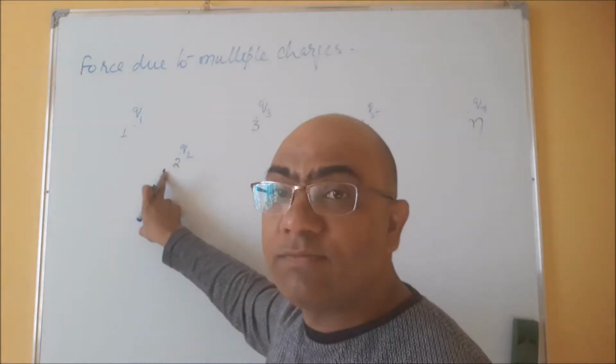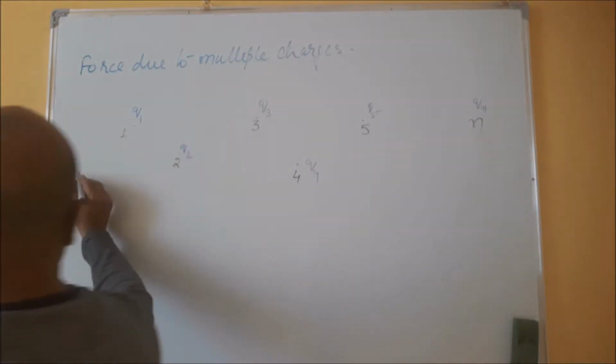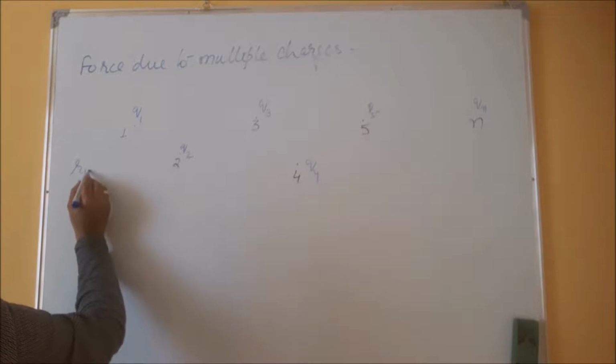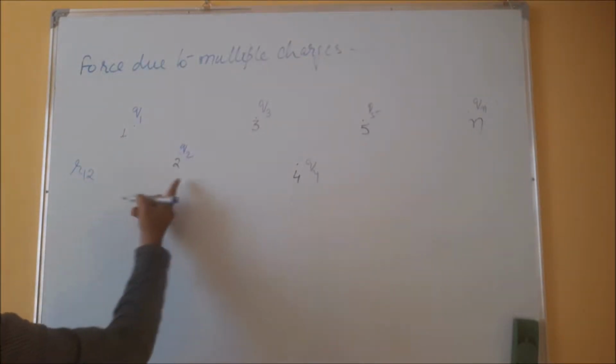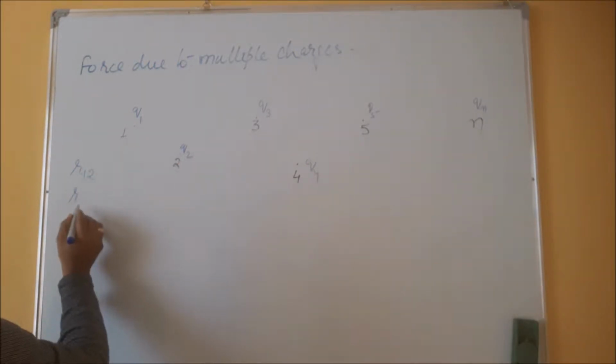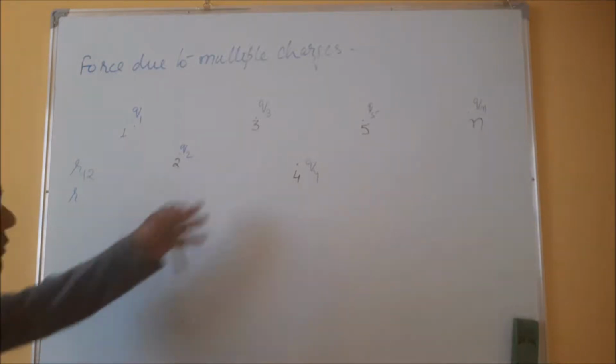The distance between 1 and 2 is given by r12, the distance between 2 and 3 is given similarly, and so on.